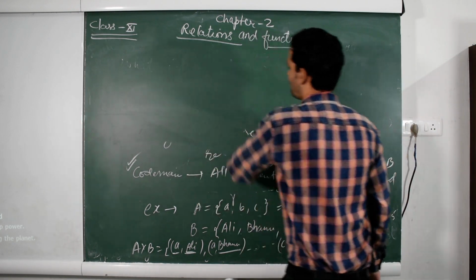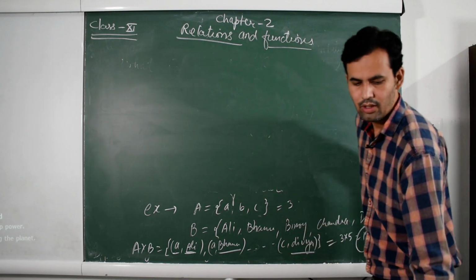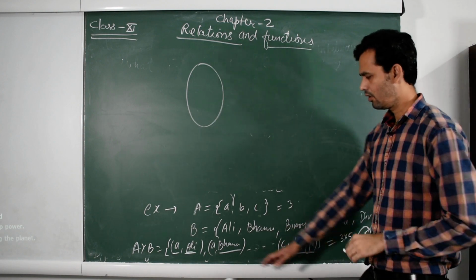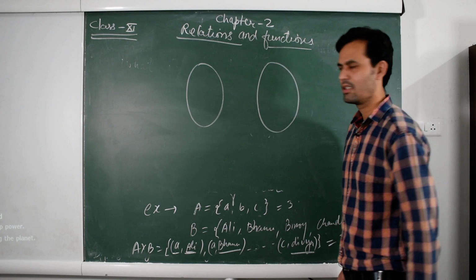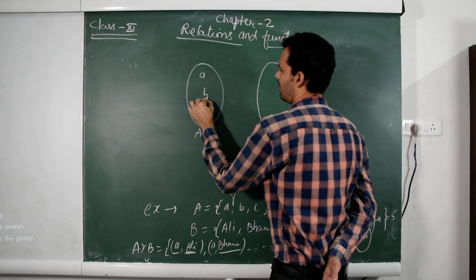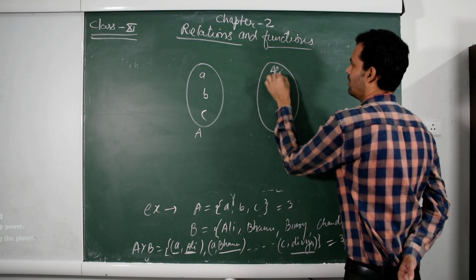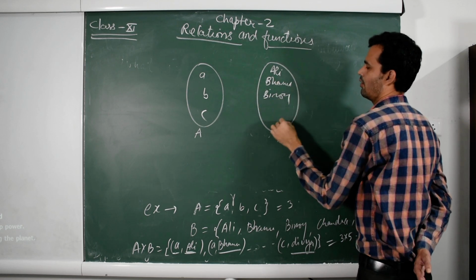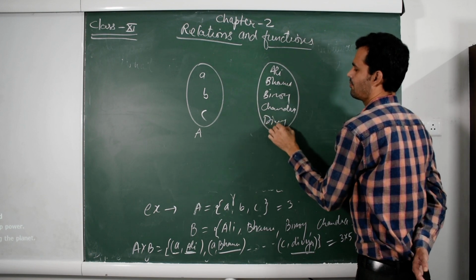Now this relation we have to write in pictorial form also. We write two sets, set A and set B. Set A has elements A, B, C, and set B has elements Ali, Bhanu, Binoy, Chandra and Divya.